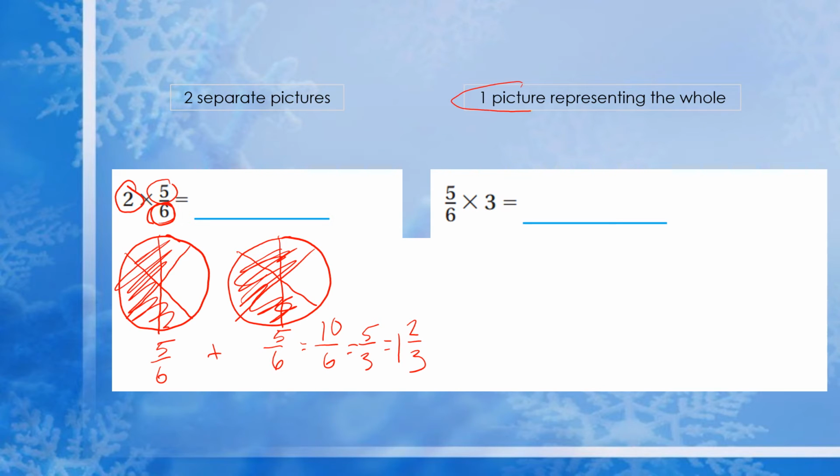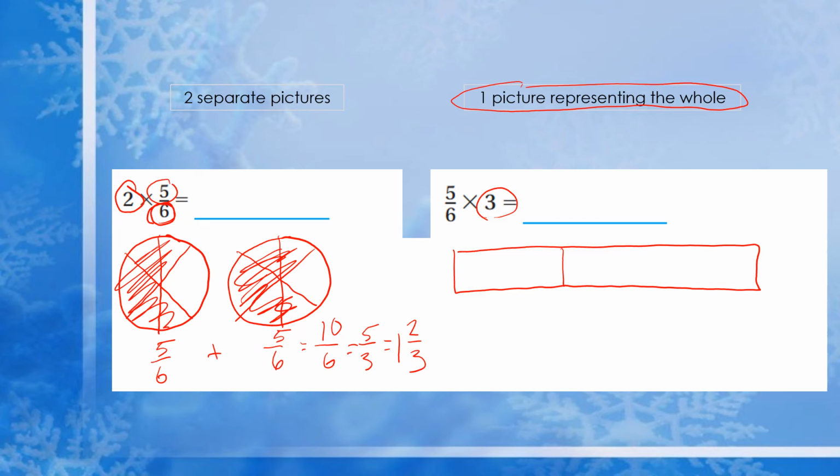Now, one picture representing the whole. My whole this time is 2. So I break it into 2 pieces. And then on the bottom, I should have 6 pieces. So there's 1, 2, 3, 4, 5, 6.